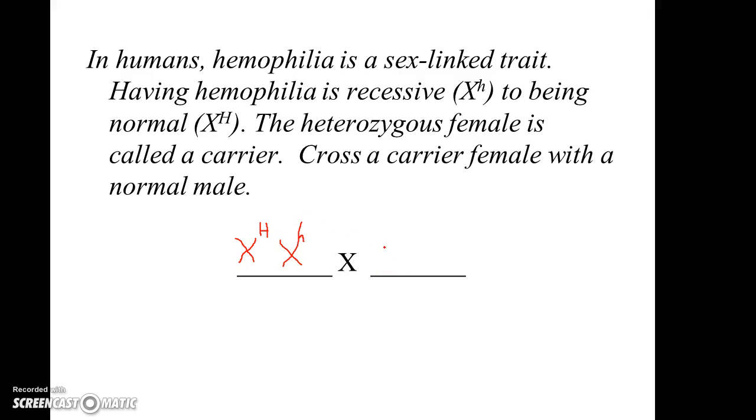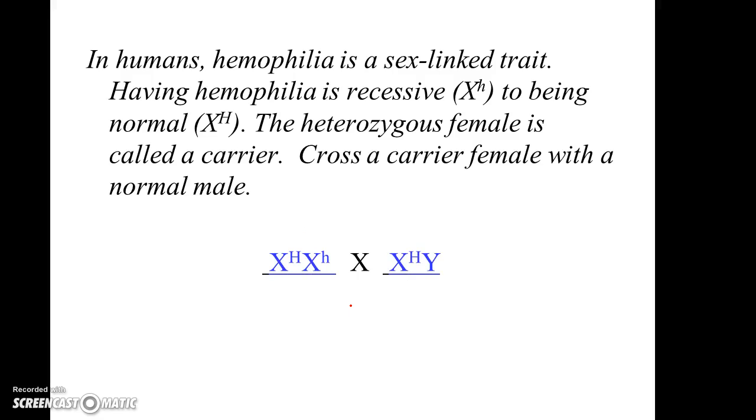And now we're going to cross that with a normal male. So that male is going to be normal, so he's going to have a big H, and then we should not put anything on the Y. Okay, so that's what it should look like. So I'm going to flip the slide and we're going to see if we did it right.